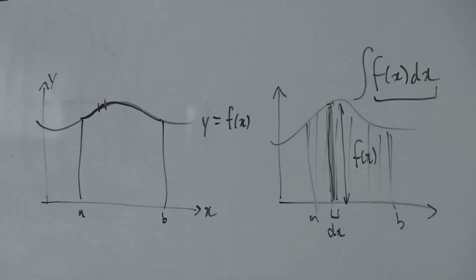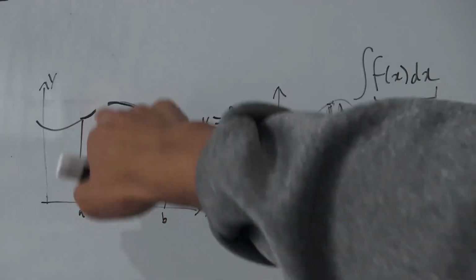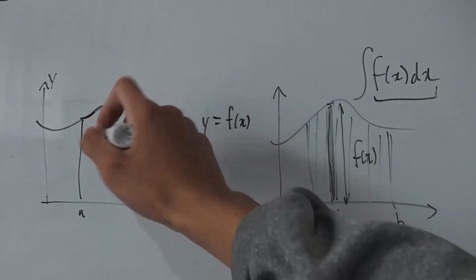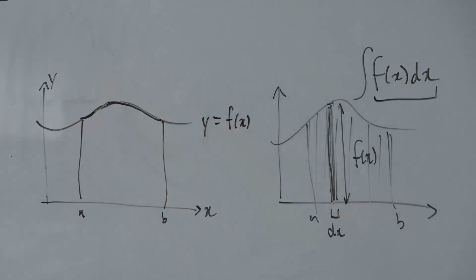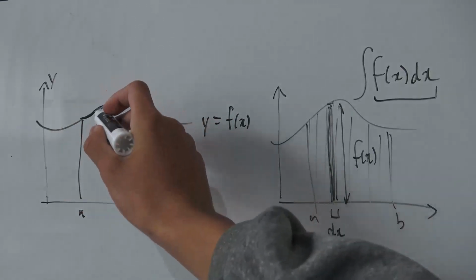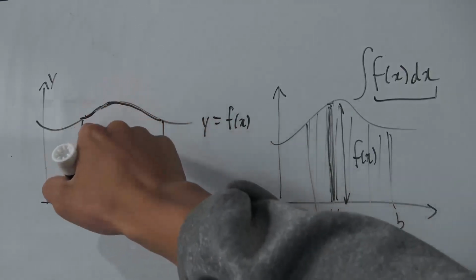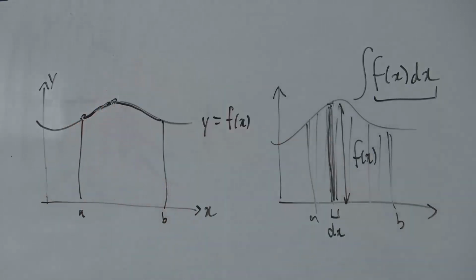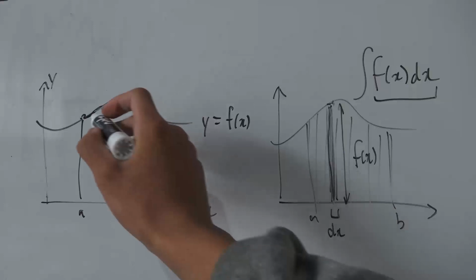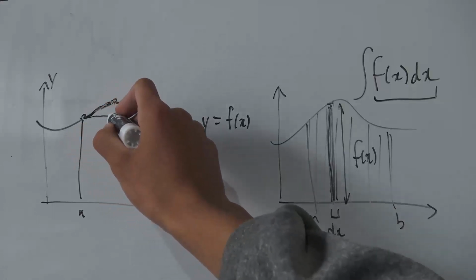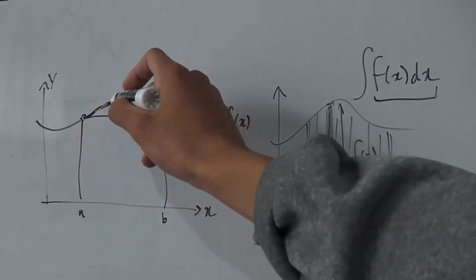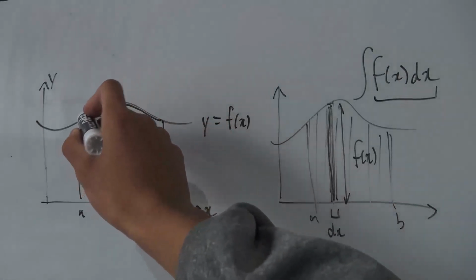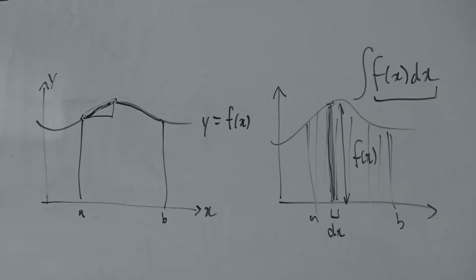So we want to find some expression for this little length here in terms of x. I'm just going to make this a little bit bigger, and exaggerate all my work here on this diagram. If we want to find the length from, say, this point to this point, how can we do it? Well, we can consider a change in the x value and a change in the y value. If we connect these two points, we get a triangle.